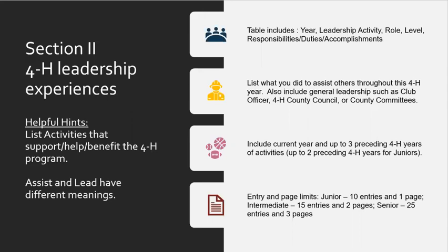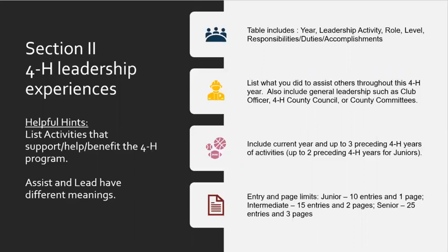The next is elected or appointed. So this type of leadership explains, what did I do to improve 4-H? This includes leadership in volunteering to serve on a committee, or maybe in your club meeting, you're asked to bring refreshments and you're on that refreshment committee and you've helped to organize who's going to do the refreshments. Well, that would be something that you were elected or appointed to do.